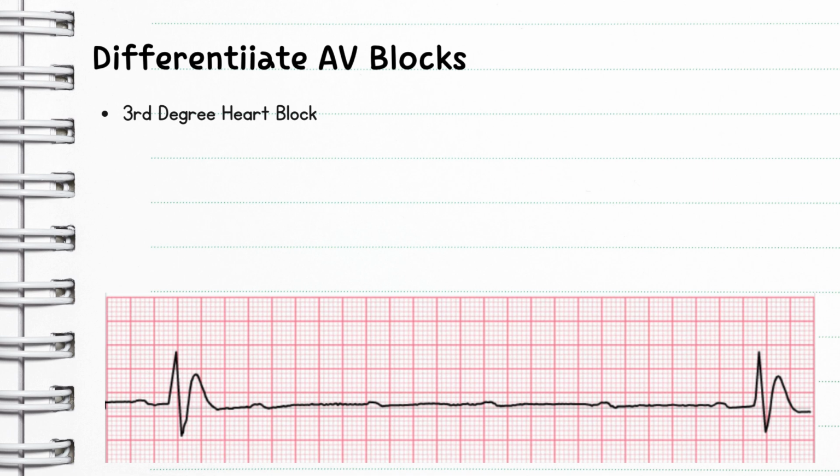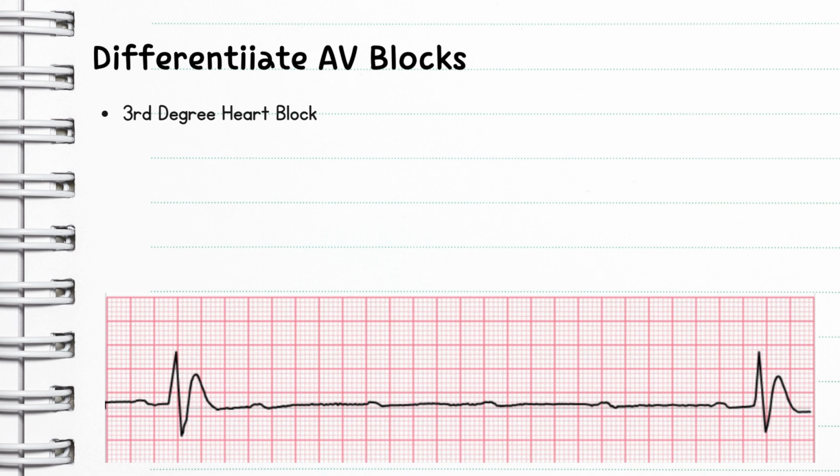In a third degree block, the electrical signals from the atria are completely blocked from reaching the ventricles. This means the atria and the ventricles are beating independently of each other with no coordination between them. So the P waves and the QRS complexes are independent. If you look on the screen, there are these tiny, not very high P waves, and then you can see the QRS complexes farther apart.